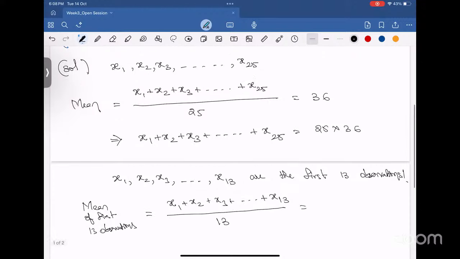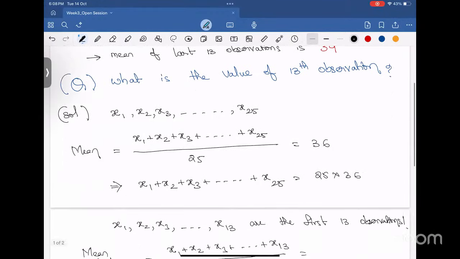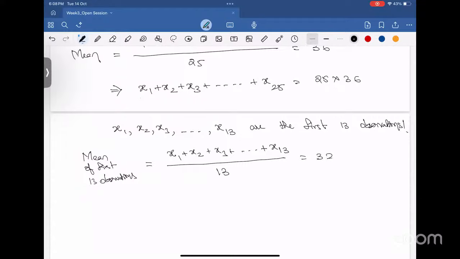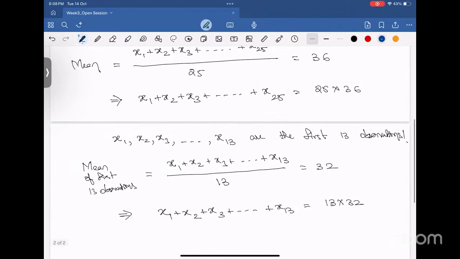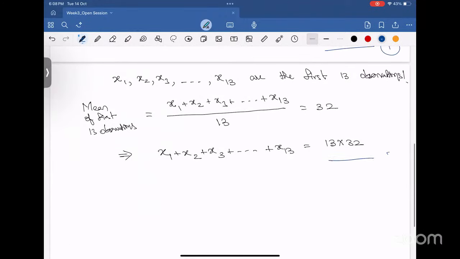This is also given to be 32. If you equate it to 32, then you have the sum of the first 13 observations, which is 13 times 32. You say the previous one to be equation 1. You call this equation 2.